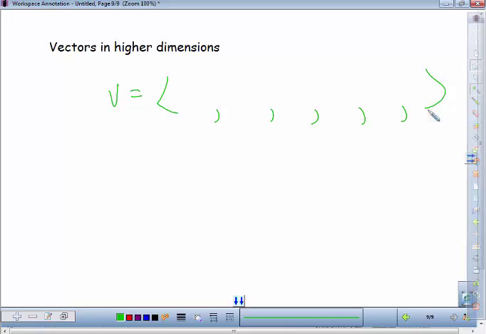And when appropriate, we can continue to think about addition, subtraction, scalar multiplication, and then these other things that we're going to do to the vectors, like the dot product and the cross product, which we'll talk about tomorrow. We can do these things, most of them, to vectors in higher dimensions as well. And the really prime example I like to use for vectors in higher dimensions is that the vectors can represent your grades.